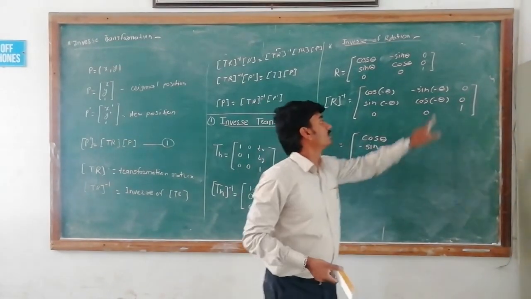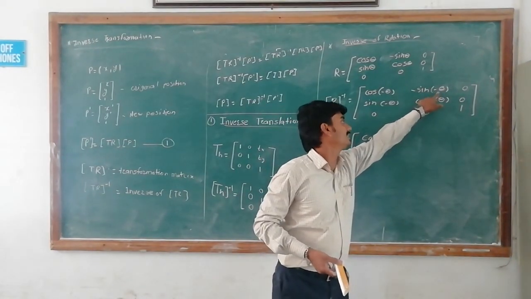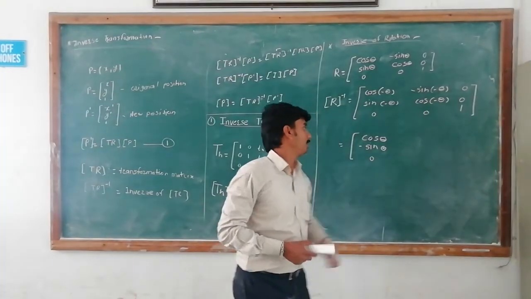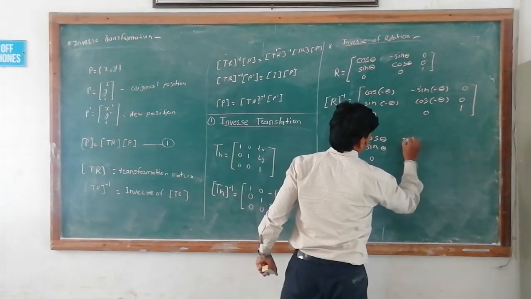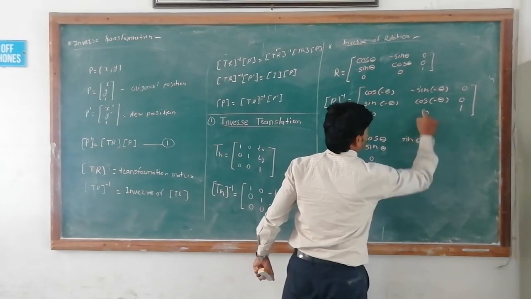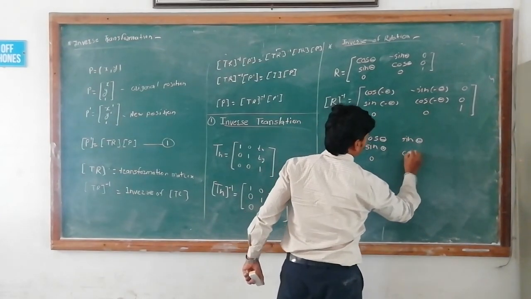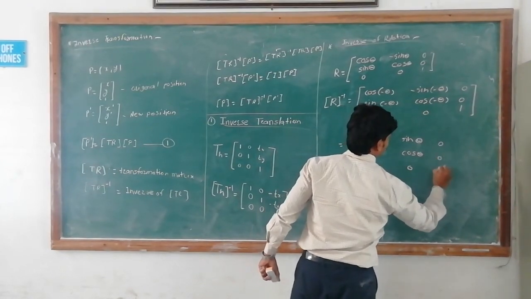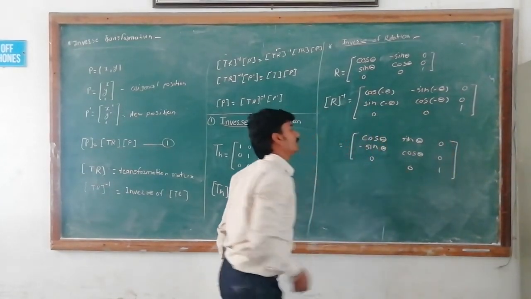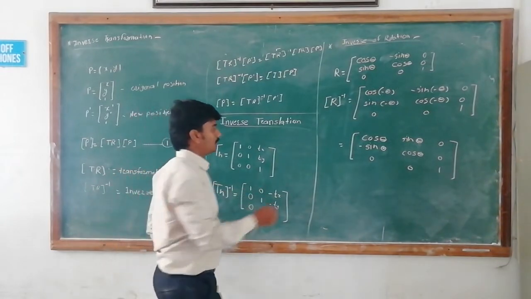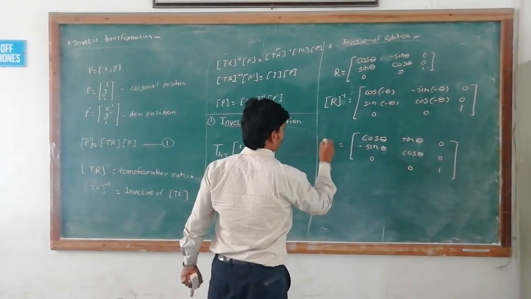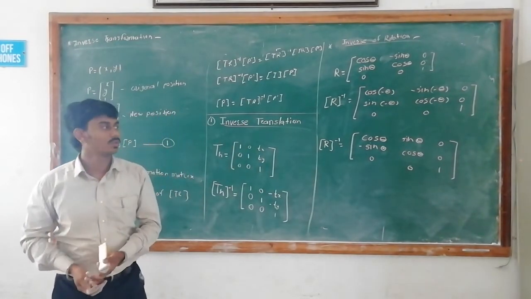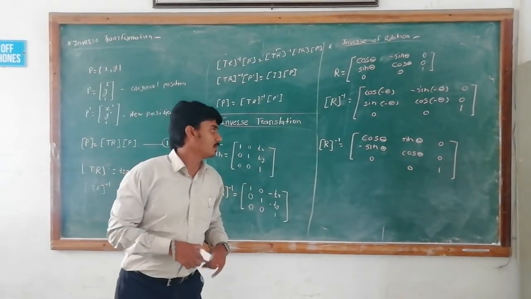Then again, minus sin of minus theta is minus minus sin theta, and minus becomes plus, so it becomes sin of theta. Cos of minus theta is equal to cos of theta, here 0, and here 0 0 1. So this is our inverse of the rotation matrix.